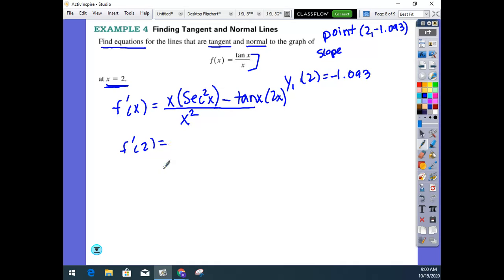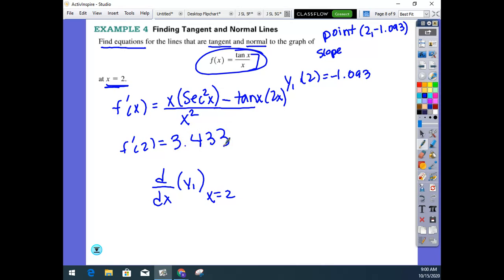In the middle, you want to use your y1, but that's only if you enter this into y1, so make sure you've done that. At x equals 2, this will calculate our numerical value for us, and we get 3.433. This is our tangent slope.